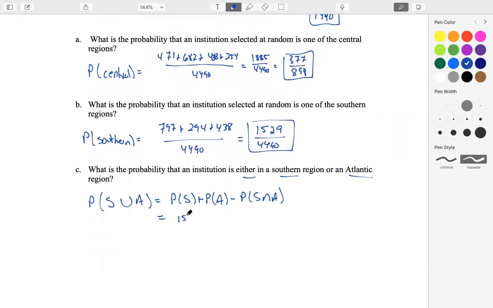If I added up all the Southerns, you get 1529 divided by 4490. My Atlantic states are going to be 1424 divided by 4490. And then the Southern Atlantic states are 797 divided by 4490. You end up getting 2156 divided by 4490, which simplifies to 178 divided by 2245.